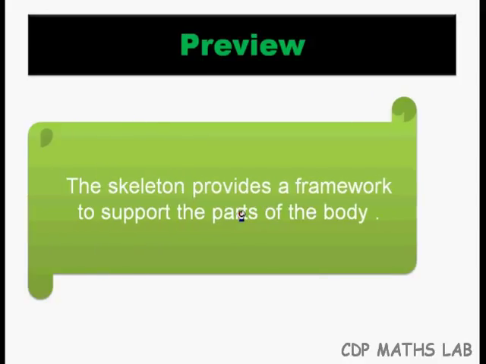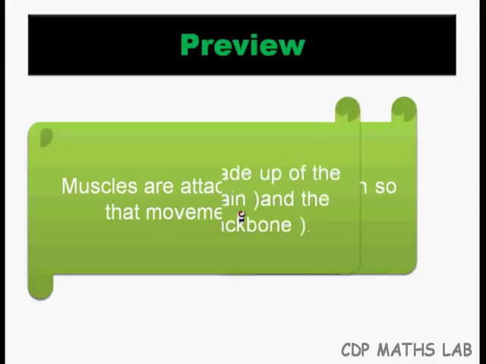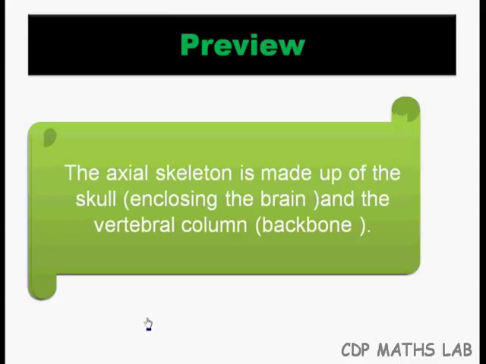Preview. The skeleton provides a framework to support the parts of the body. Muscles are attached to the skeleton so that movement can take place. The skeleton has two main parts.